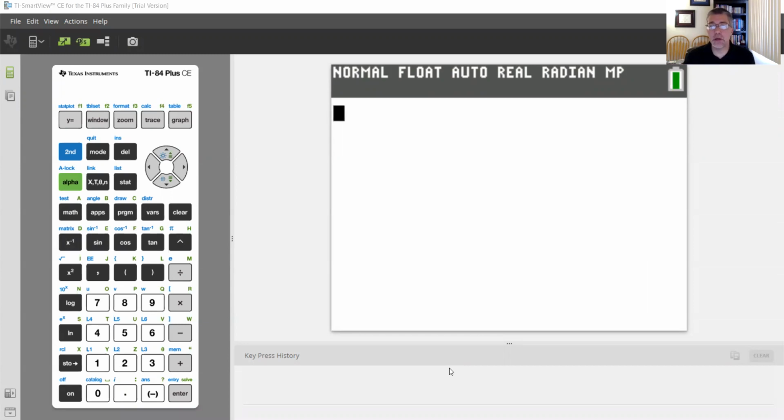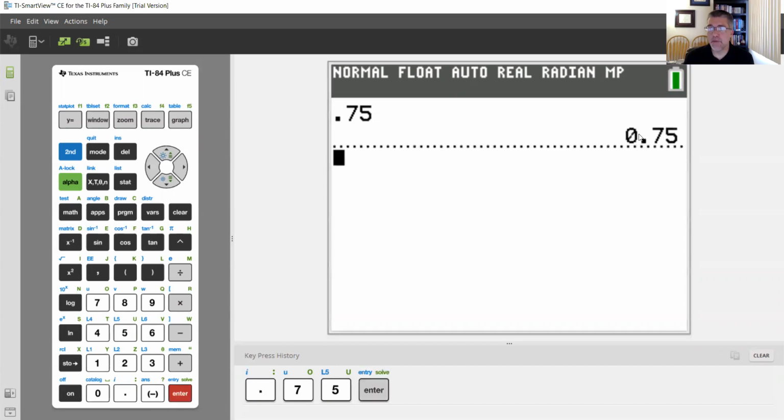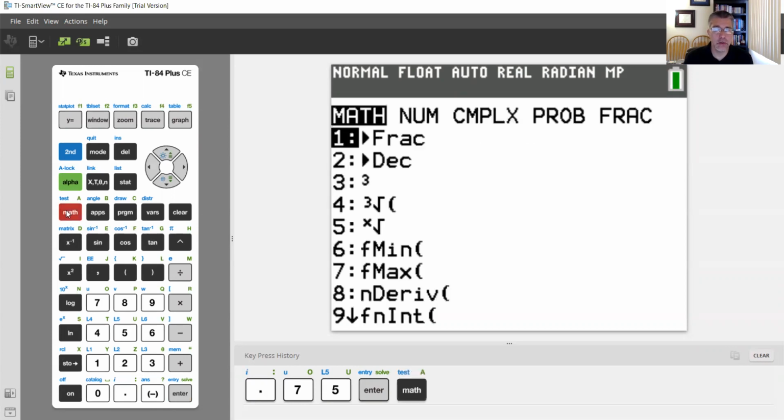The first thing that I want to show you how to do is to convert a number from a decimal to a fraction and vice versa. So if I have a decimal, say 0.75, I'm going to hit enter to have that loaded into the calculator. And I'm going to now hit the math key, which is right below the green alpha key.